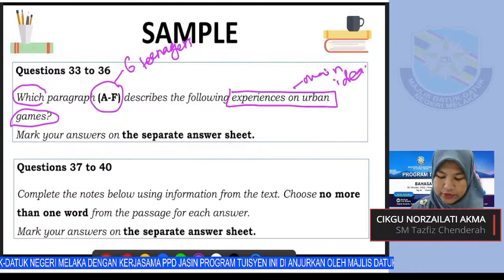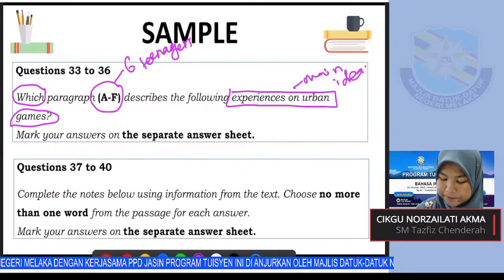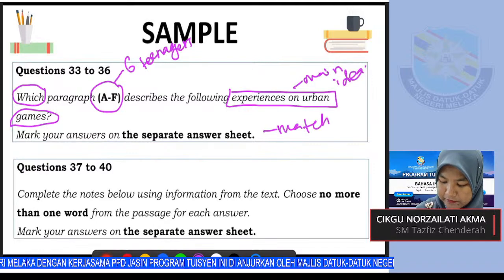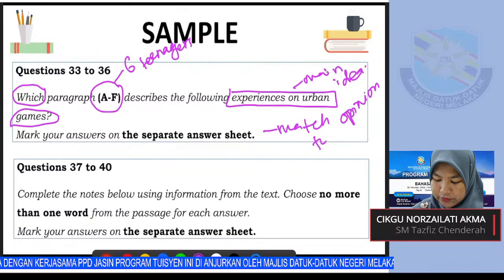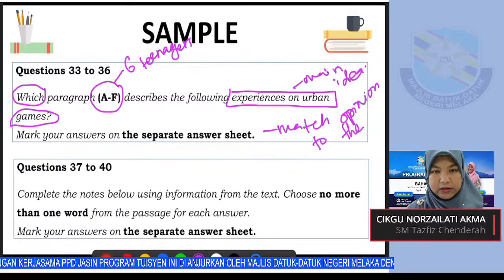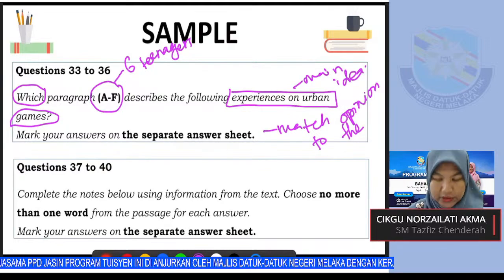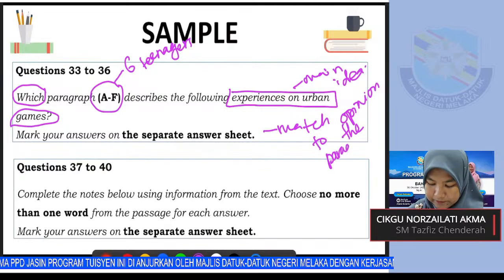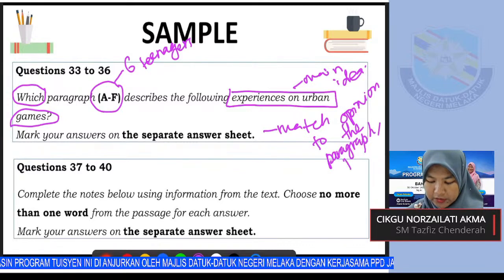So here your task is you need to match opinion to which one? To the paragraph or the person.